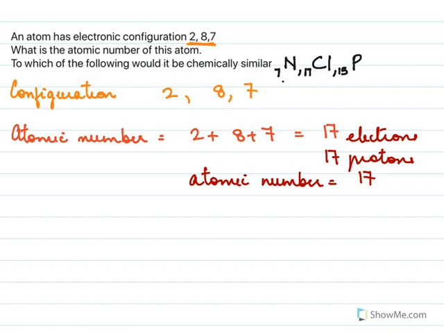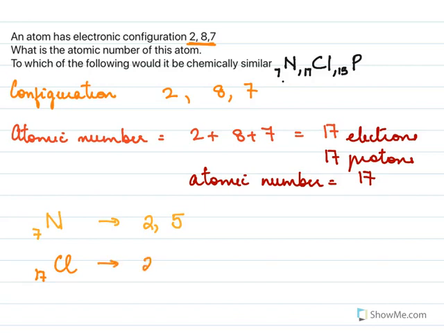The next is, to which of the following would it be chemically similar? So let's write, for example, nitrogen, 7. So configuration of nitrogen is 2, 5, 2 plus 5, 7. Then we'll take up chlorine, 17, given here.